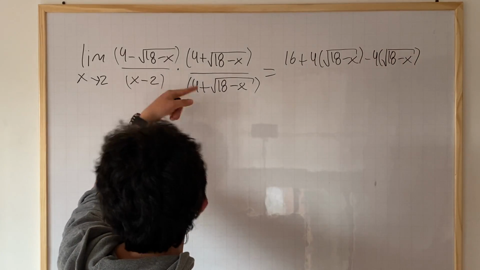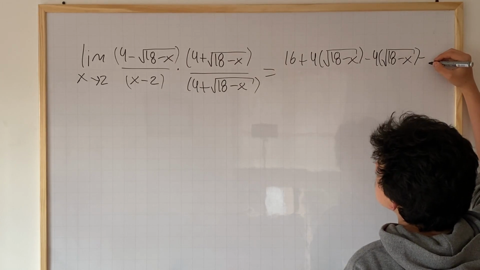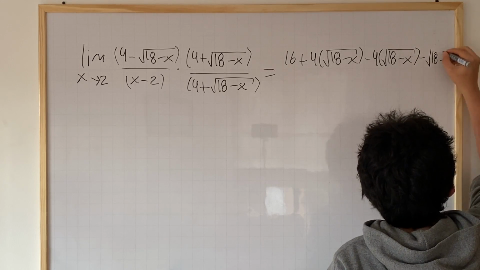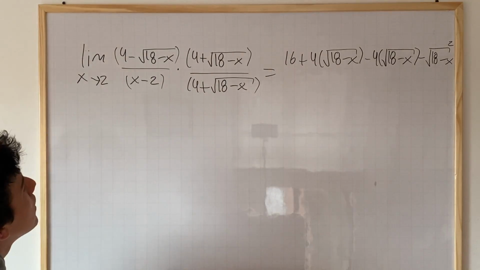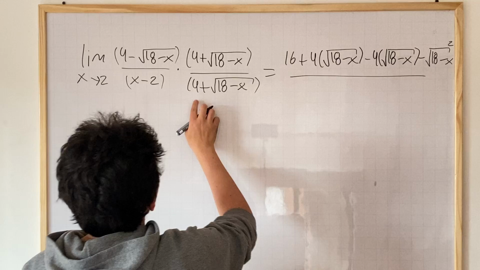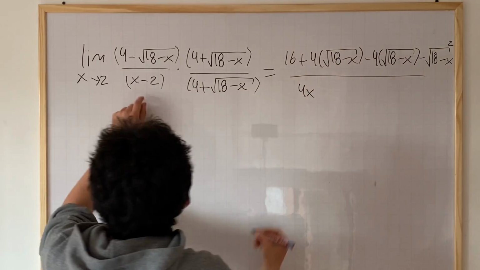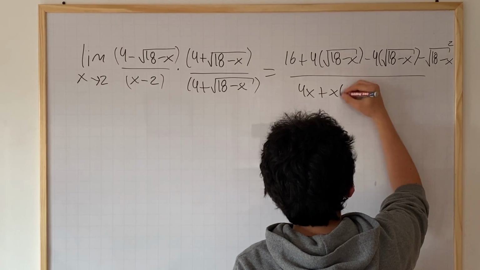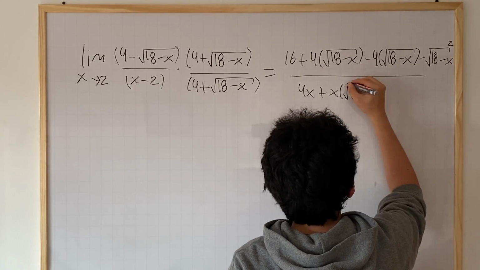And now simply the two square roots multiplied. So that would be minus square root of 18 minus x, and this one goes squared. And now we have the denominator too. So we get x times 4 for x. x times the square root, so we get plus x times square root of 18 minus x.